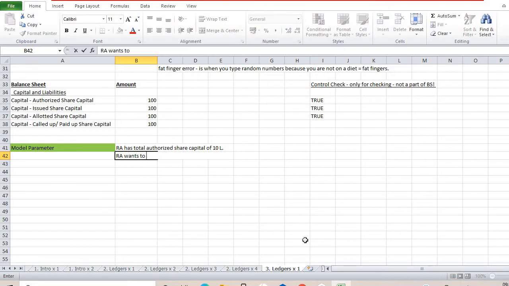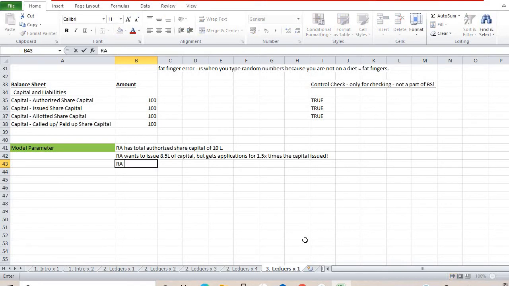RA wants to issue 8.5 lakhs of capital but gets applications for 1.5x times the capital issued. Okay, now let's get through this completely, and then we will come back and we will check if what we're talking about here makes sense or not.